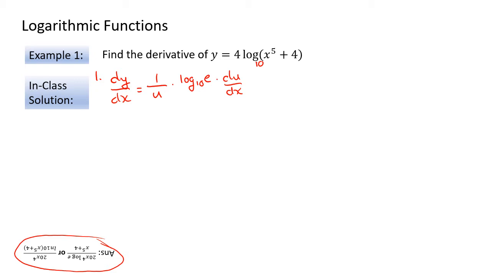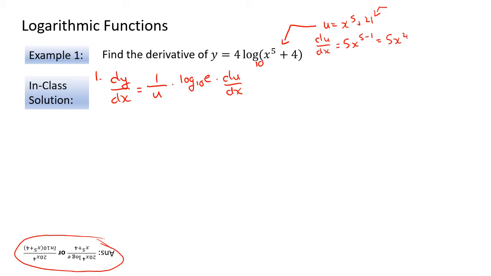Okay, so u is whatever's in the brackets with log, so u is equal to x to the 5th plus 4, and du by dx would be equal to 5x to the 5 minus 1. The derivative of the number 4 is 0, so that's simply 5x to the 4th.